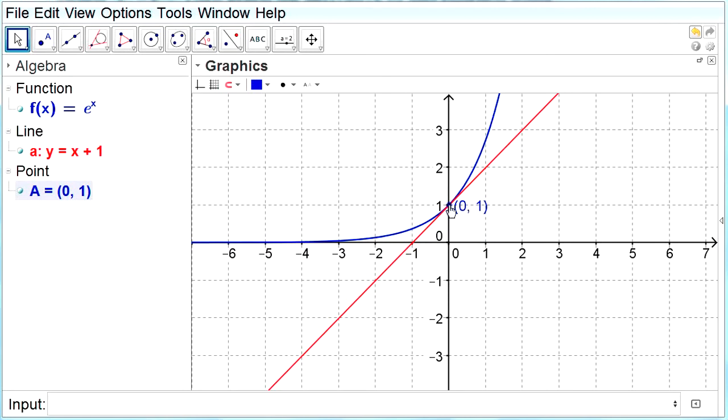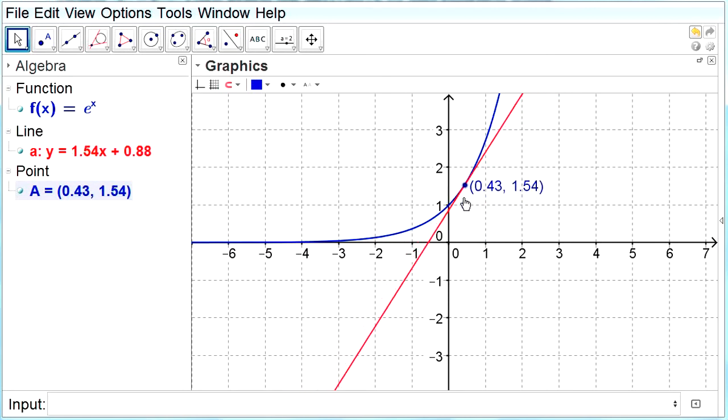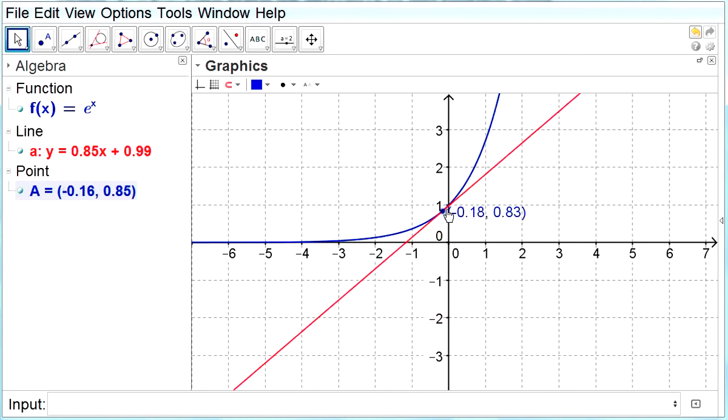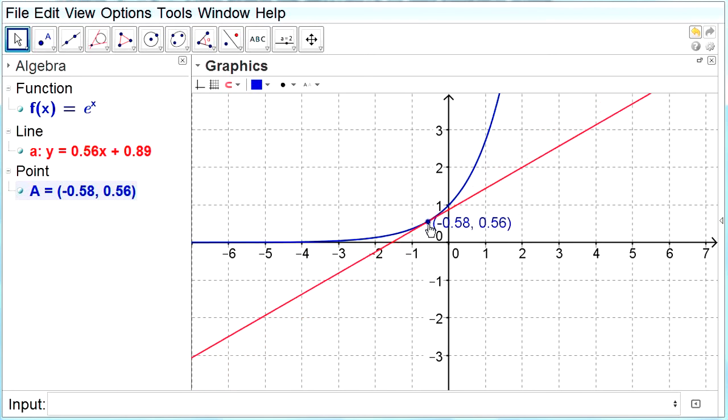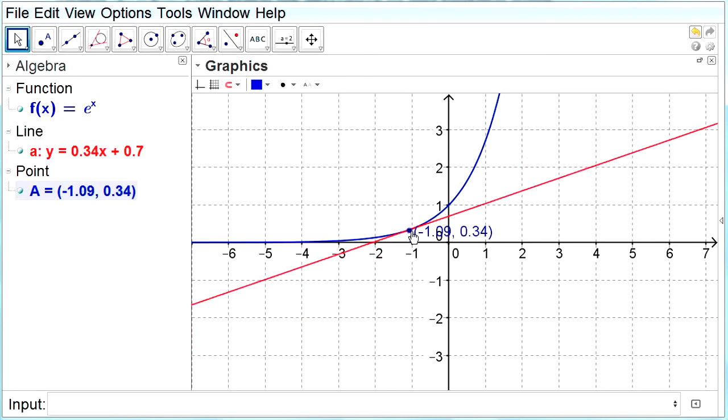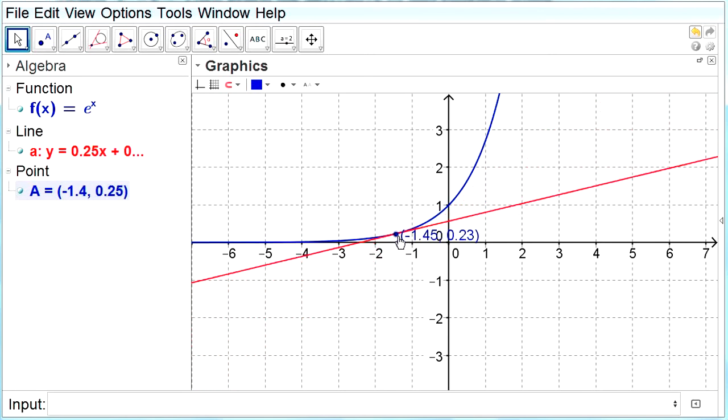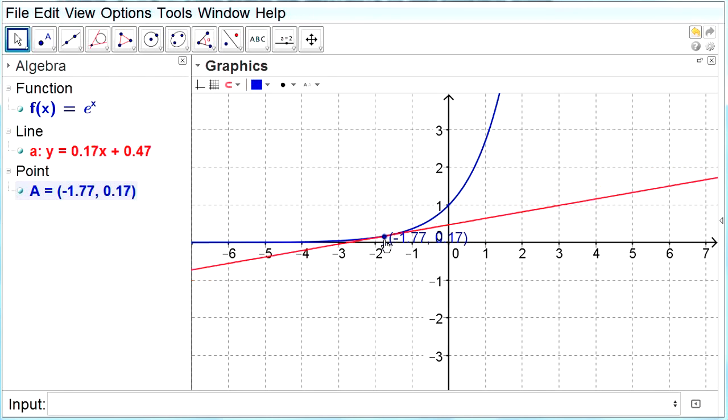As I go off to the right, the y value is obviously increasing, and the slope of the curve is obviously increasing, and they exactly match in this function. If I go to the left, right, the slope of the curve is decreasing. It's getting flatter and flatter, and the y value is also decreasing. They exactly match over there too.